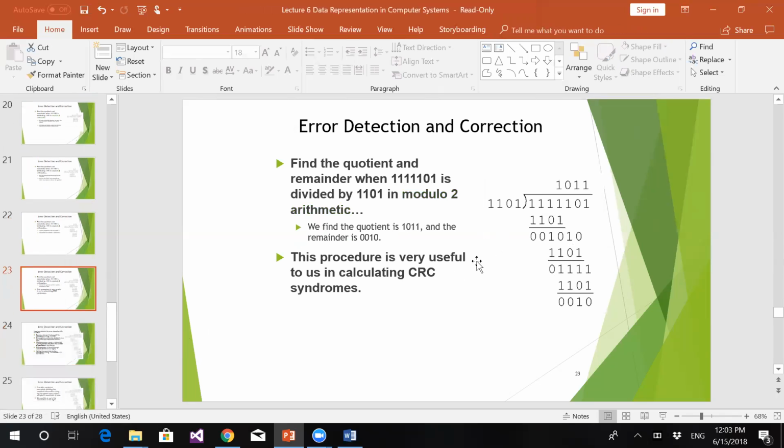Okay, and we continue to do that until we calculate out the last digit. And as you can see, there is a remainder here. The remainder, we are going to put it here. It is when we finish adding the last digit here.